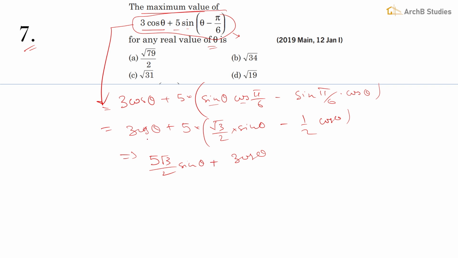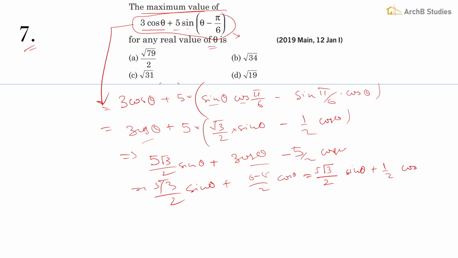This will be 5 root 3 by 2 sin theta, minus 5 by 2 cos theta plus 3 cos theta, that is 5 root 3 by 2 sin theta plus 1 by 2 cos theta.